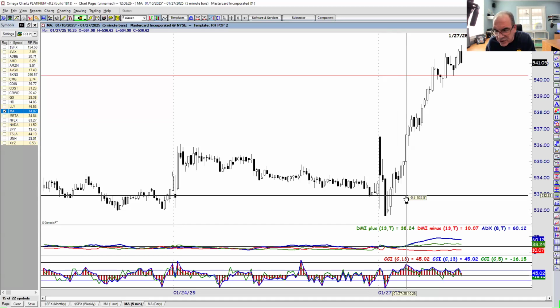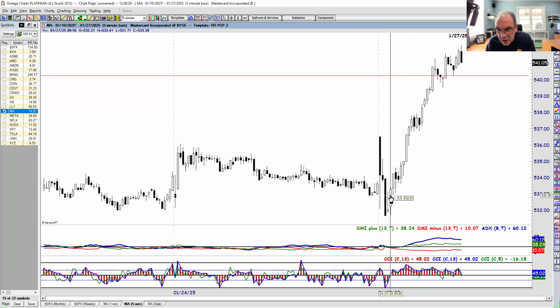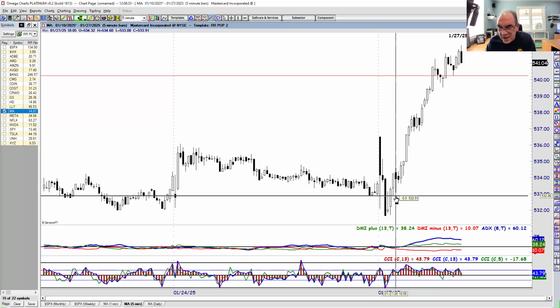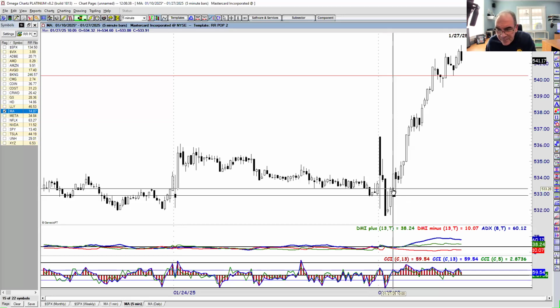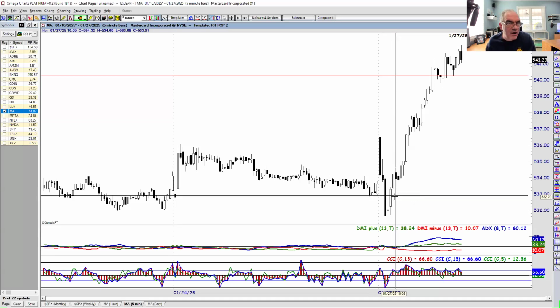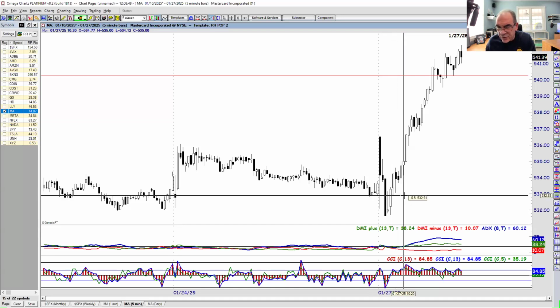So this fib line is at 532.91, and we close on this candle at 533.28, so 30 cents above. We gap up a little bit, and then we stretch almost right down to the wick. Did we even get down there? We got down to a low of 533.08, and we're at 532.91. So not quite there. And then we bounce from there.